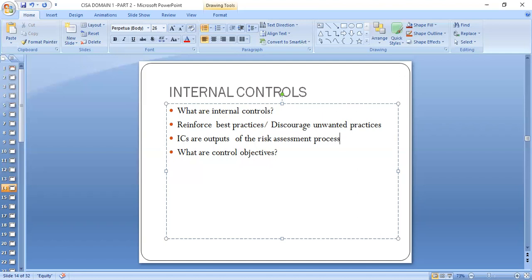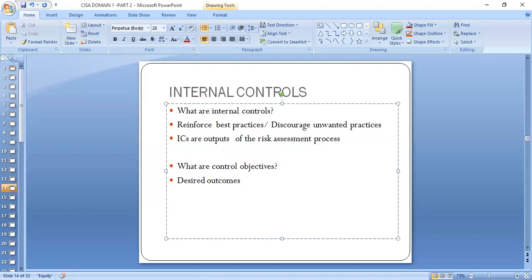That is about internal controls. Now, what are control objectives? Control objectives are the desired outcomes. Please take note that this is the same whether we are talking of manual controls or technical controls.